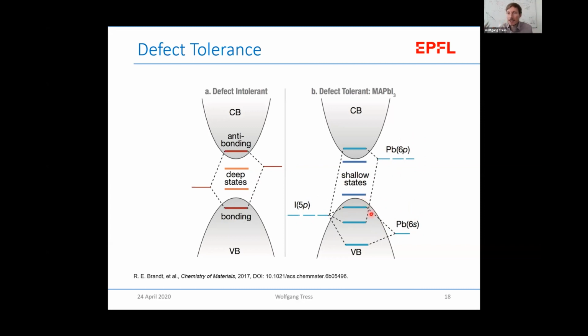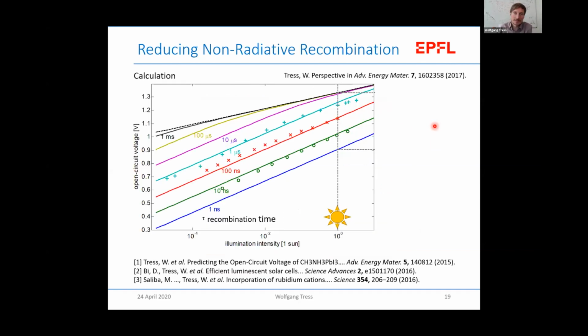And these states are much less detrimental for recombination, because for defect recombination, states which are in the middle of the band gap are more detrimental, because they can capture electron and hole with equal probabilities. And this makes them the highest, let's say, non-radiative recombination rate. So this was a sketch of how we can at least rationalize intuitively this defect tolerance in this material.